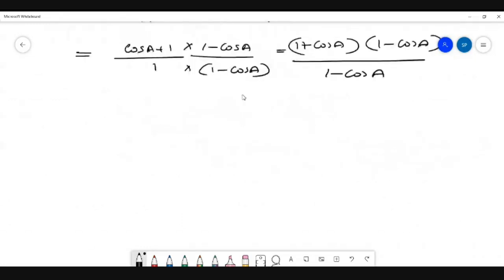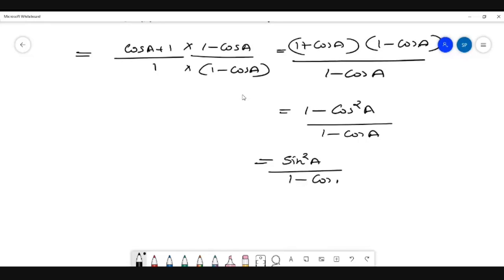Now 1 plus cos a into 1 minus cos a, we have 1 minus cos square a, because (a plus b) into (a minus b) is a square minus b square, divided by 1 minus cos a. That is 1 minus cos square a, we know it is sin square a, divided by 1 minus cos a. That is what the RHS is.